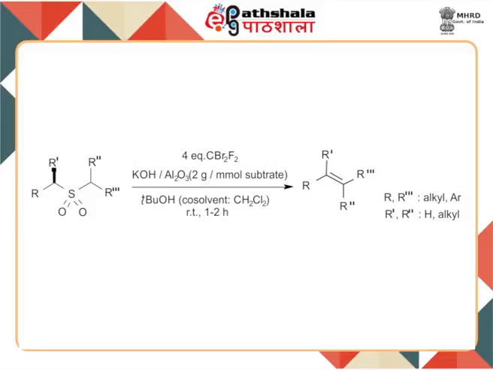A refined version of the Meyers modification of the Ramberg-Backlund reaction employs CBr2F2 in the presence of alumina-supported KOH and tertiary butanol as solvent, which allows the conversion of alpha and alpha-prime hydrogen-bearing sulfones of various structural types into alkenes. An example is shown.